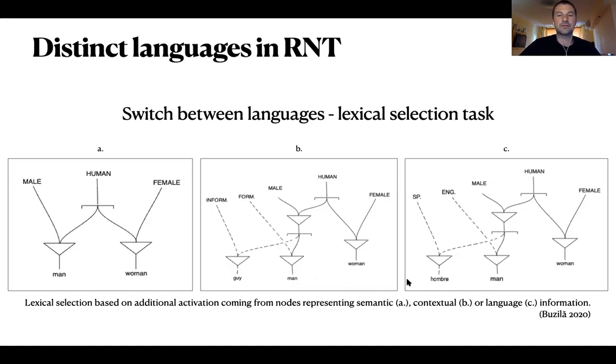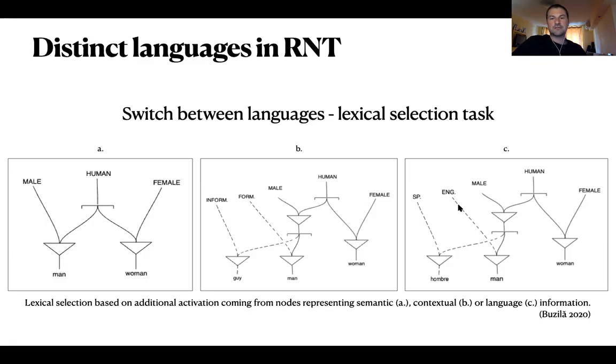And the same kind of reasoning could be used in the case of lexemes that belong to different languages. So the same speaker would learn to make a distinction between hombre and man, although they are conceptually similar, so they are linked to the same conceptual nodes, human and male, but they will receive additional activation coming from that part of the system accounting for the language being spoken, English or Spanish.